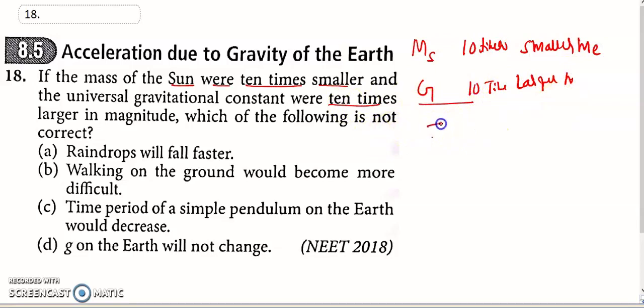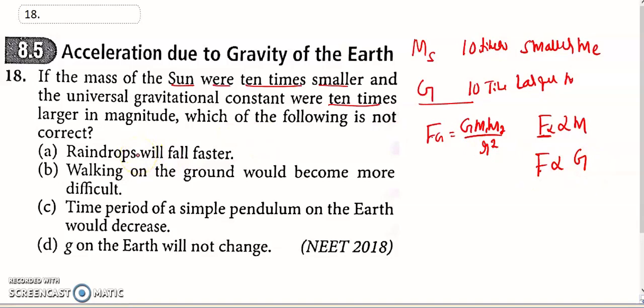Okay, look, that is the equation. Gravitational force is equal to G m1 m2 divided by r square. Mass is 10 times smaller. Gravitational force is directly proportional to m, and gravitational force is directly proportional to G. Gravitational force is 10 times larger, the force is larger.